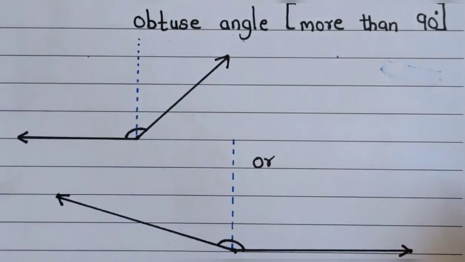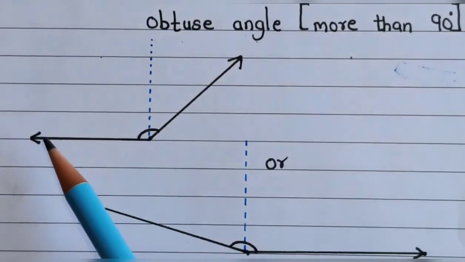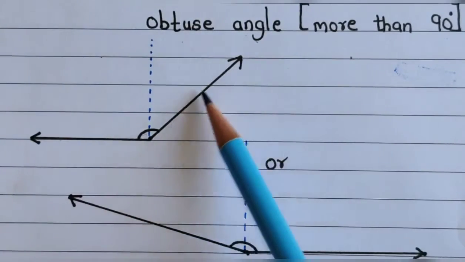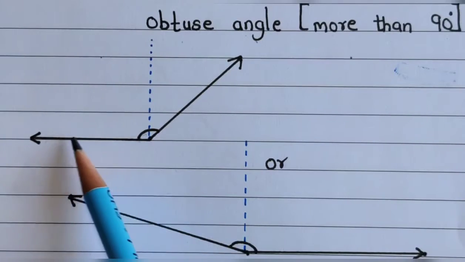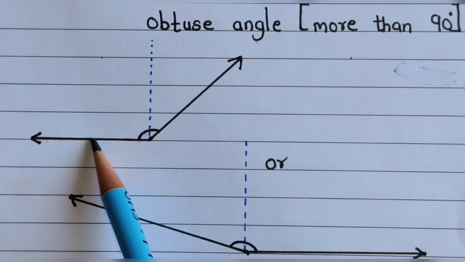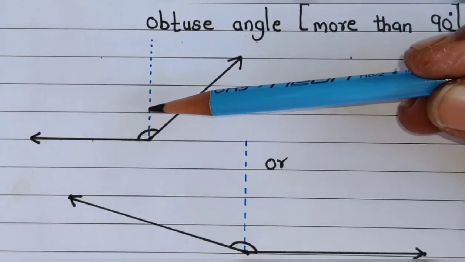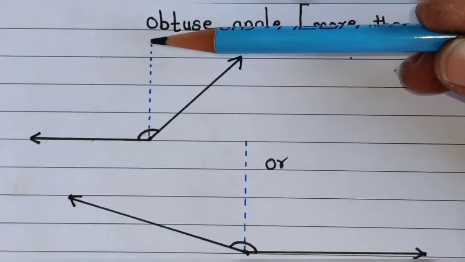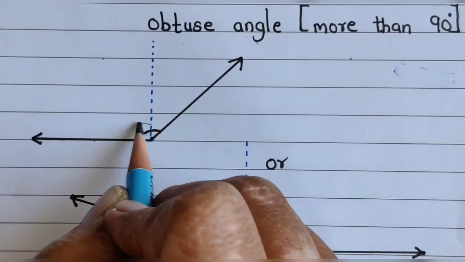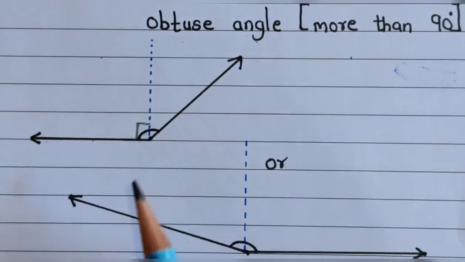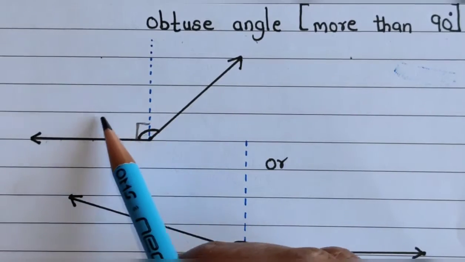Now here is one example I had taken, as you can see. Again the black drawn is the given angle. I have taken one arm of the given angle fixed, and with that I had drawn a dotted imaginary line which is forming a 90-degree angle here. But as you can see, my second arm is not in between this 90.